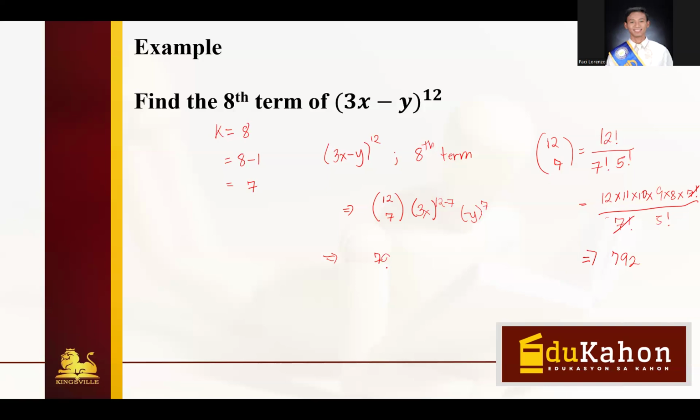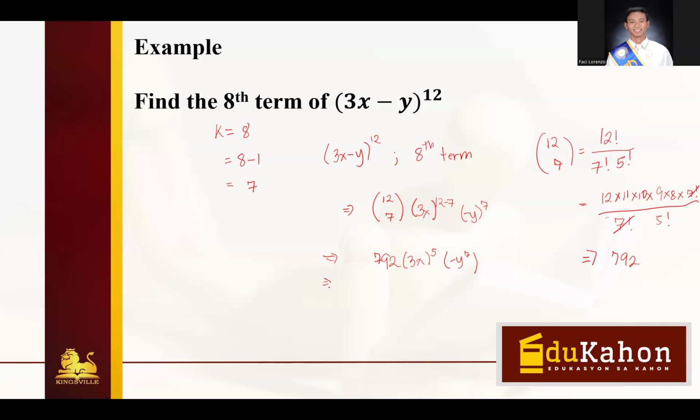So this is 792 multiplied by 3x raised to 12 minus 7, which is 5. Then multiply by negative y raised to 7. Since your exponent is an odd number, we will remain in a negative value.